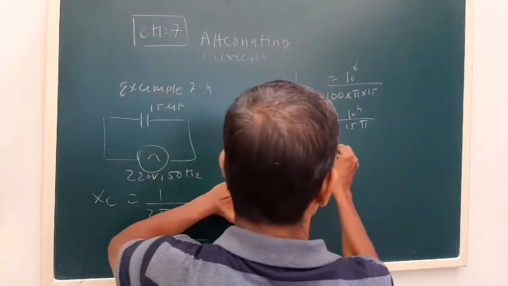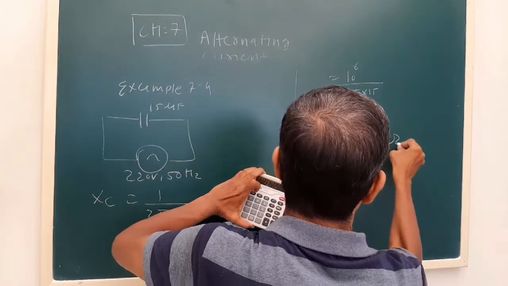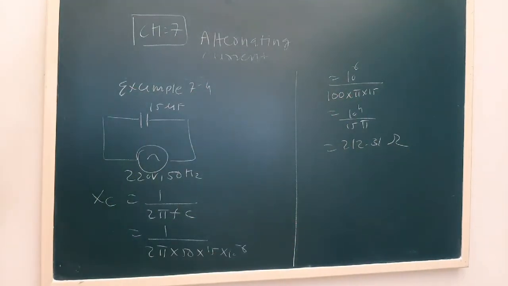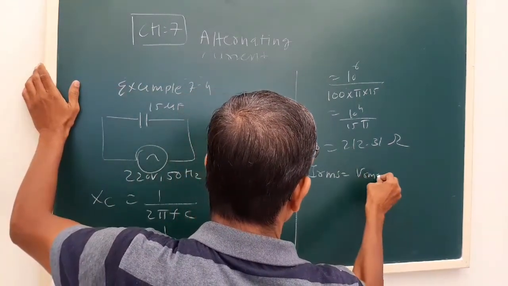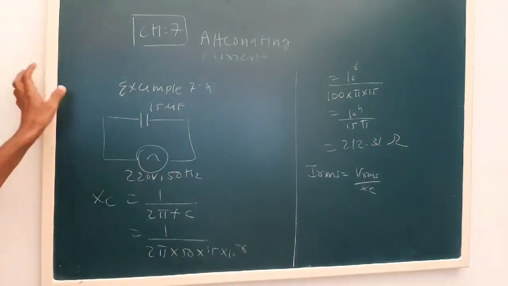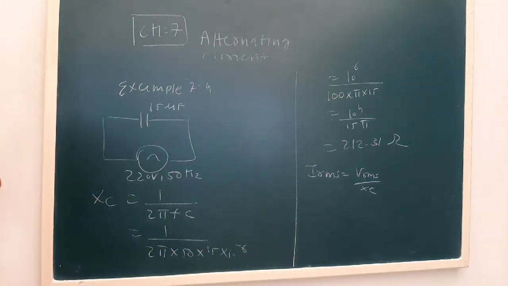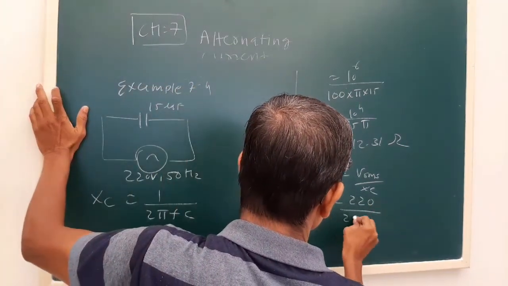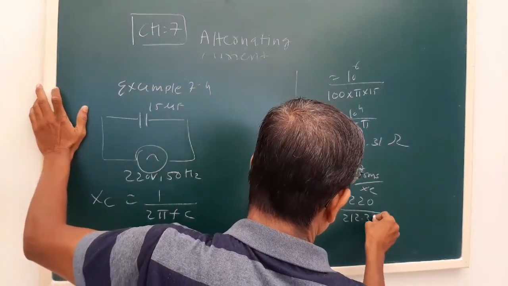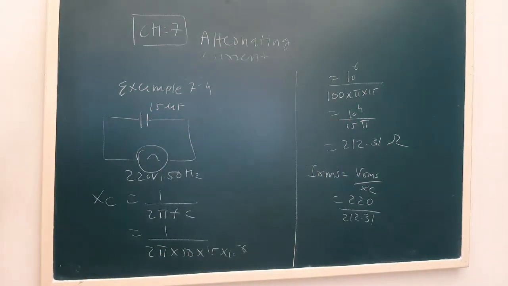That is 212. Now this is the value of the capacitive reactance. Now IRMS is VRMS upon XC. Here VRMS is 220 and the capacitive reactance value is 212.